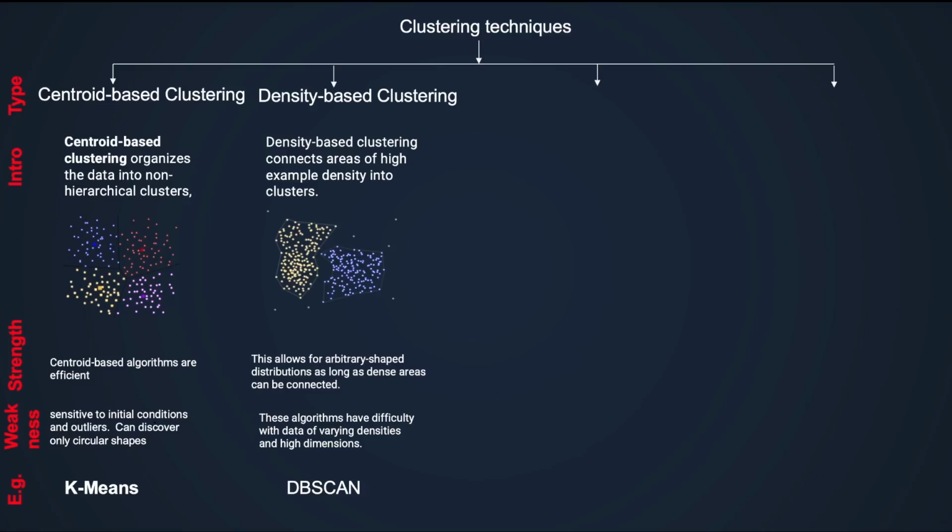A key weakness of these algorithms is in high dimensional datasets. Generally, density based clustering techniques do not work well in high dimensional data. That is, if a dataset has too many attributes, then density based clustering algorithms may not work properly. A renowned density based clustering algorithm is DBSCAN.